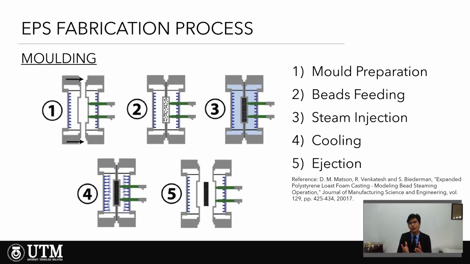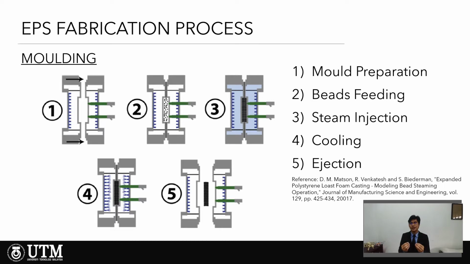Before we move on to the design, first we need to understand how the fabrication of EPS works. Pre-expanded polystyrene beads are put into the mold and then closed and subjected to high steam temperature and high pressure.